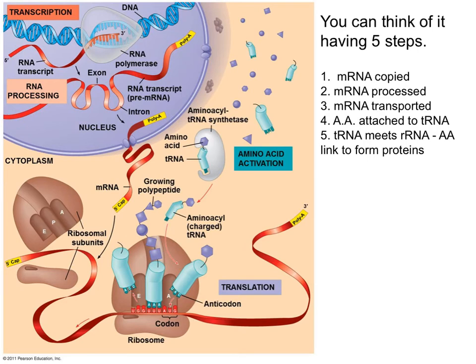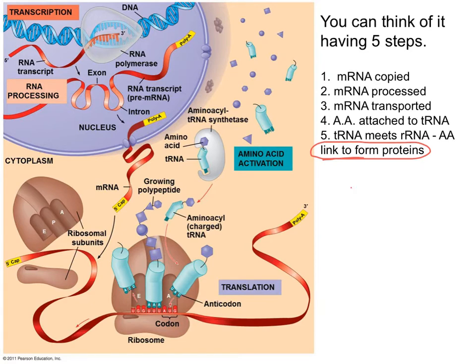Okie doke. We are going to go over this image in detail. We'll spend weeks on this particular image, but because it is probably the most important task in a cell, I wanted to introduce it to you here. This is the formation of proteins. So how are proteins made?